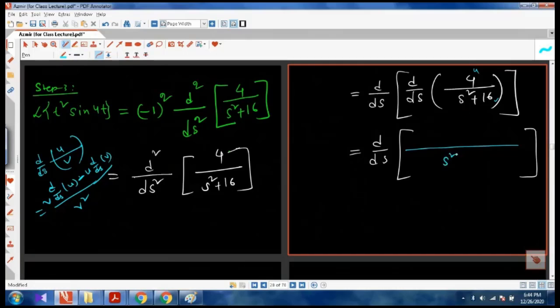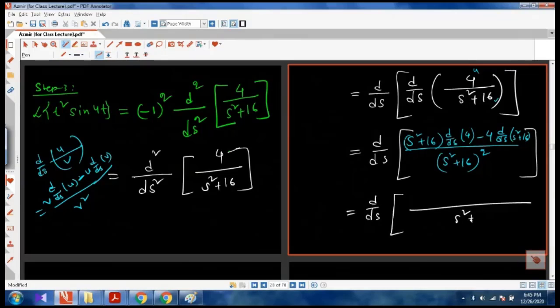So v squared in the denominator, v d/ds of u, negative u d/ds of s squared plus 16.